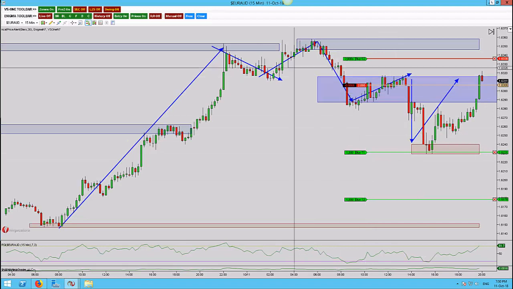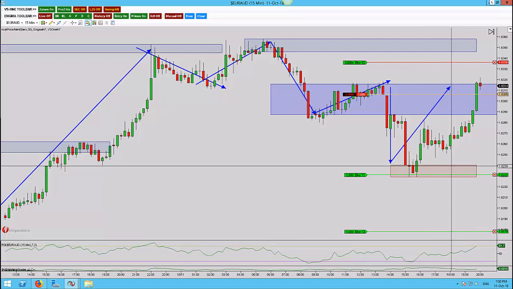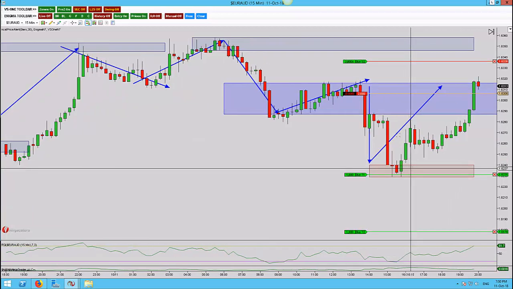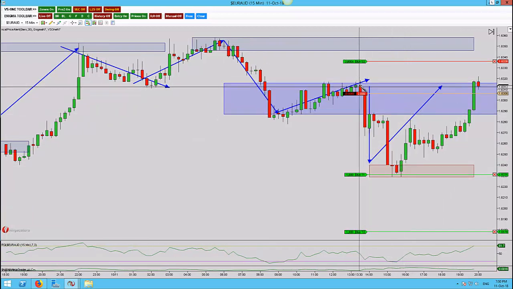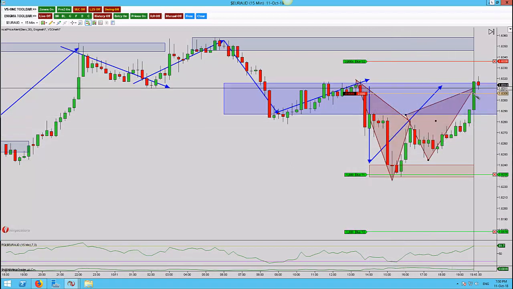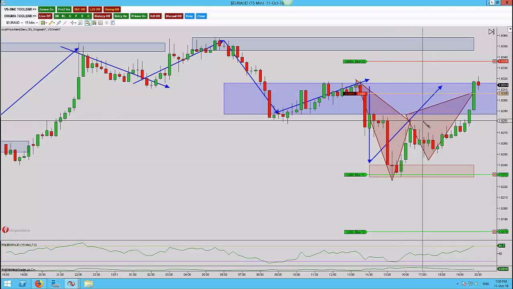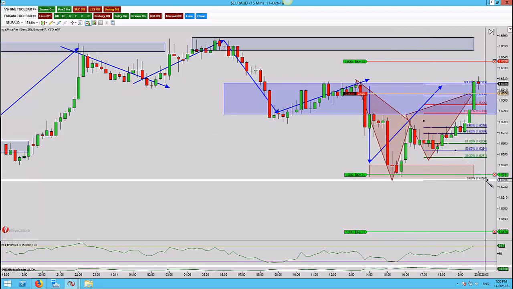So what we have here is we had the RSI that went overbought at 82. We have an advanced pattern in here. So this is a bat pattern right here, which I used as an entry. And we did have some fib confluence here as well.